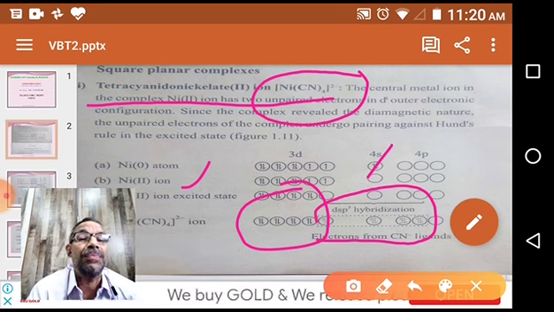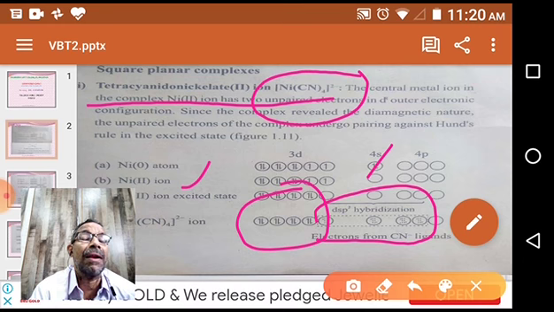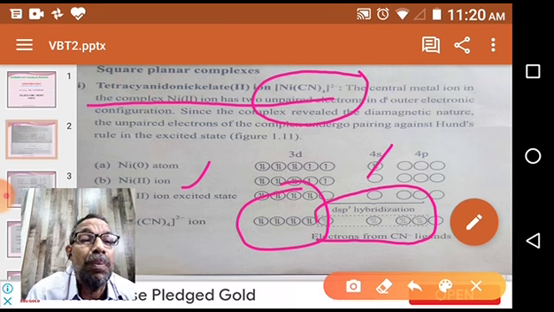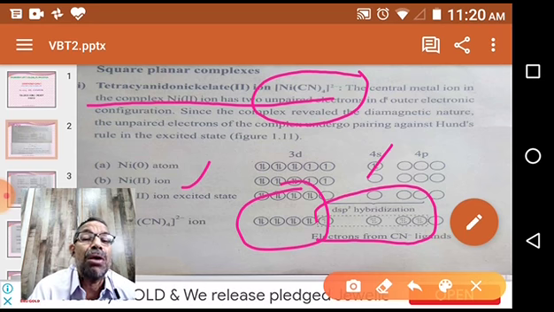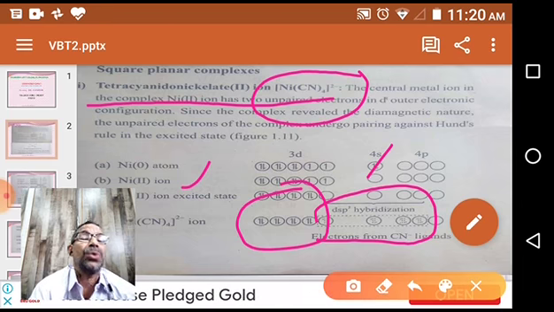We know that. Since it lacks unpaired electrons in d orbitals, this is a diamagnetic compound. So this is the explanation through valence bond theory for the tetracyanidonickelate(II).